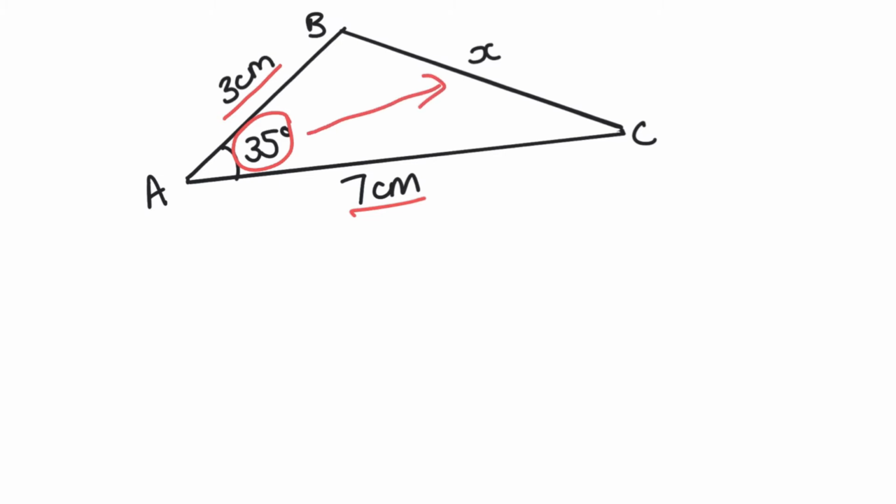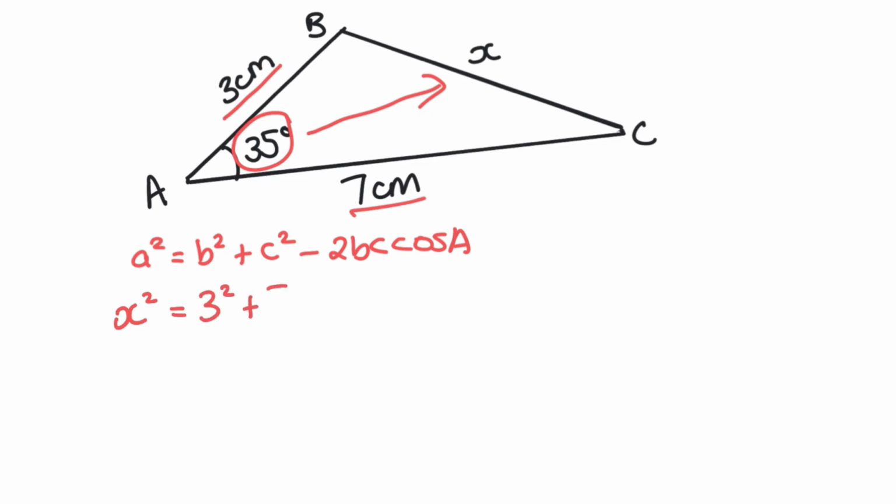So if we write out our cosine rule, we've got a squared is equal to b squared plus c squared minus 2bc times cos A, and we can fill in the bits that we know. So we've got x squared is our a is equal to 3 squared plus 7 squared minus 2 times 3 times 7 times cos 35 degrees.